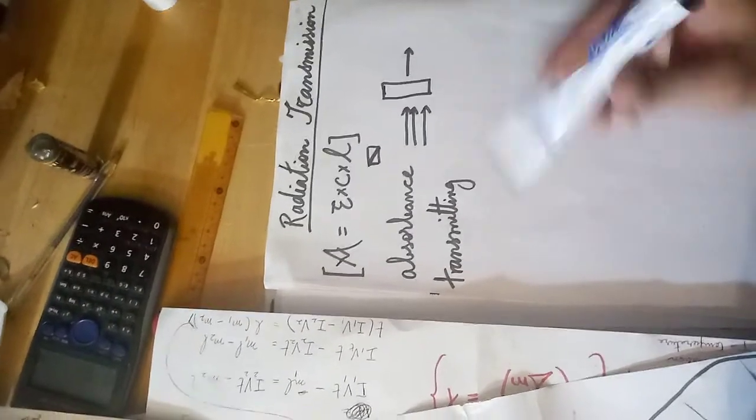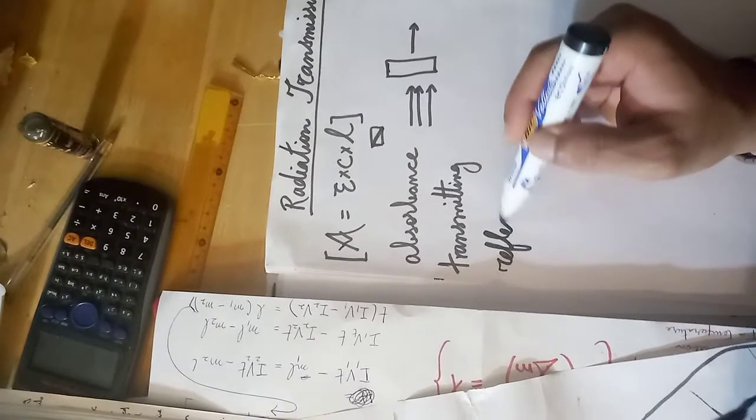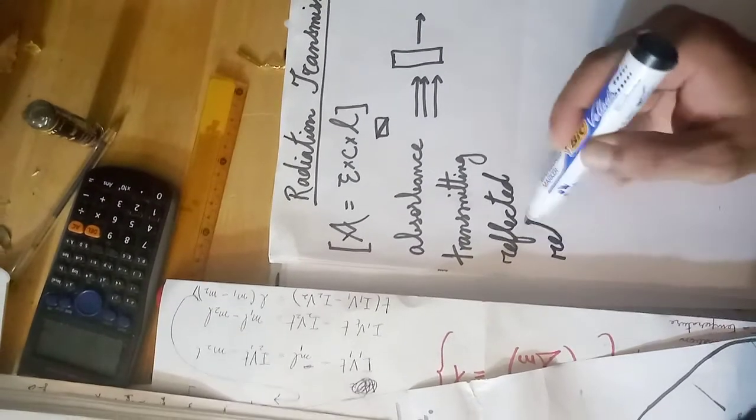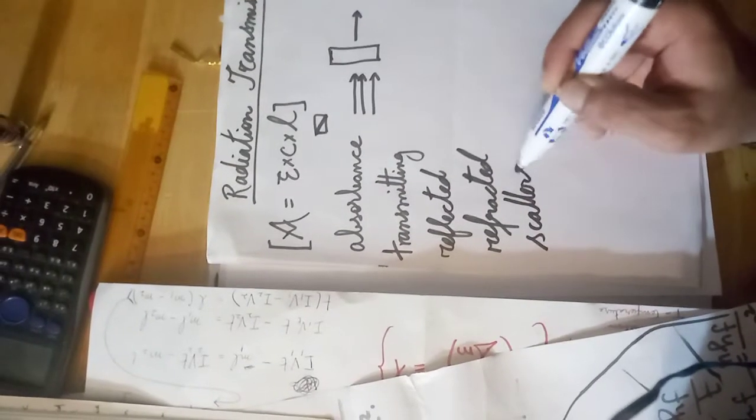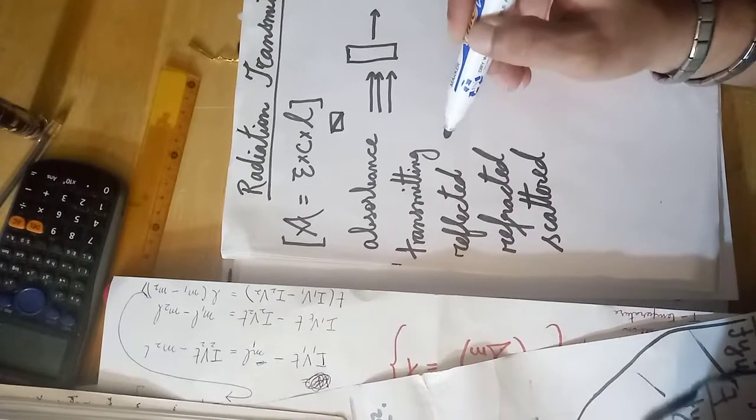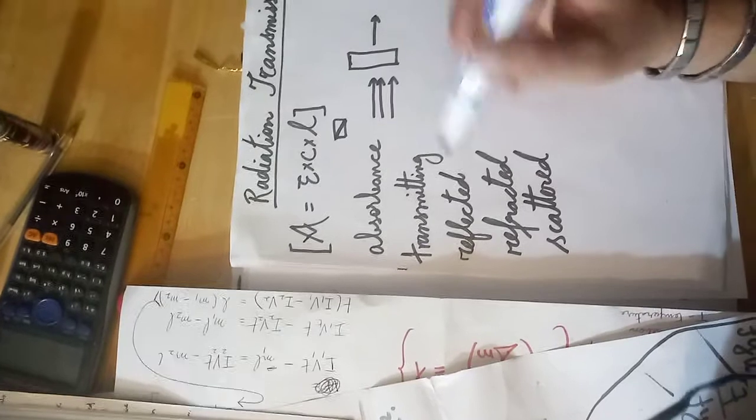So a fluid or a material or a solid medium, when it absorbs, it doesn't absorb fully, i.e. it's less than 100% efficient, and as a result, if not all of it is absorbed, some of it is reflected, refracted, scattered, and then some of it is transmitted forward, transmitted ahead.